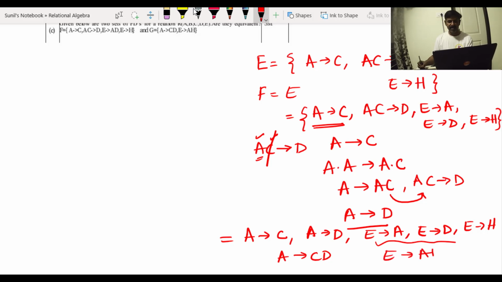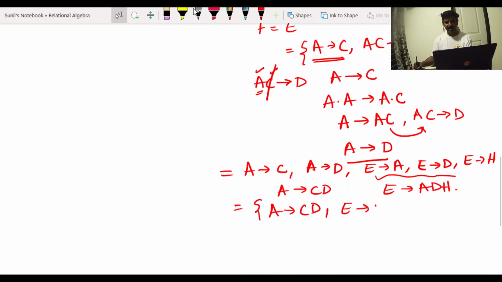So we get the minimal cover as A arrow CD and E arrow ADH.